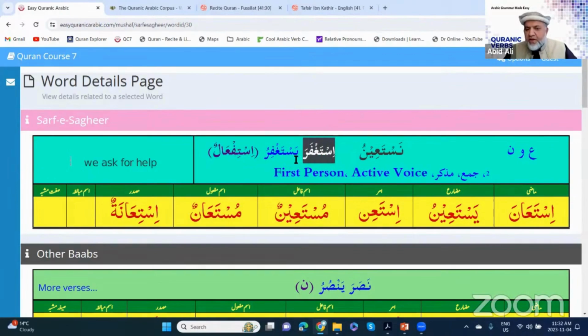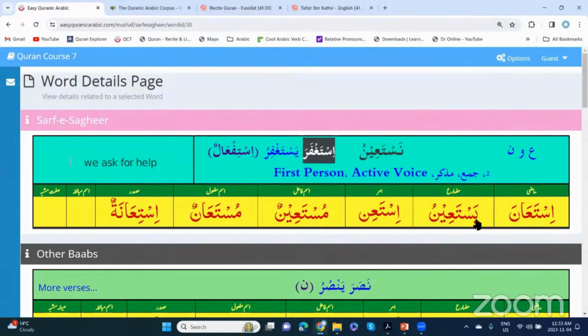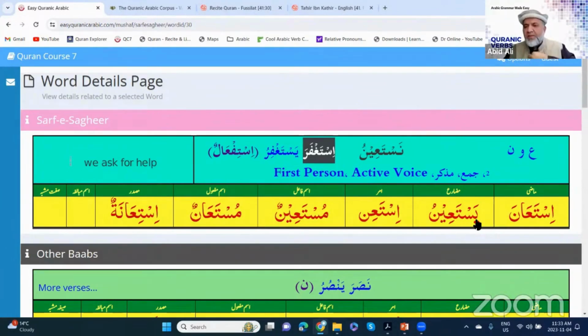It's going to be Istaghfara, Yastaghfiru, and then we put Ain, Waw, Noon into this pattern and we get Ista'ana, Yasta'inu. If you take Yasta'inu, is it Ya, third person? Yes. They ask for help. Asta'inu, I ask for help. Nasta'inu, we ask for help.